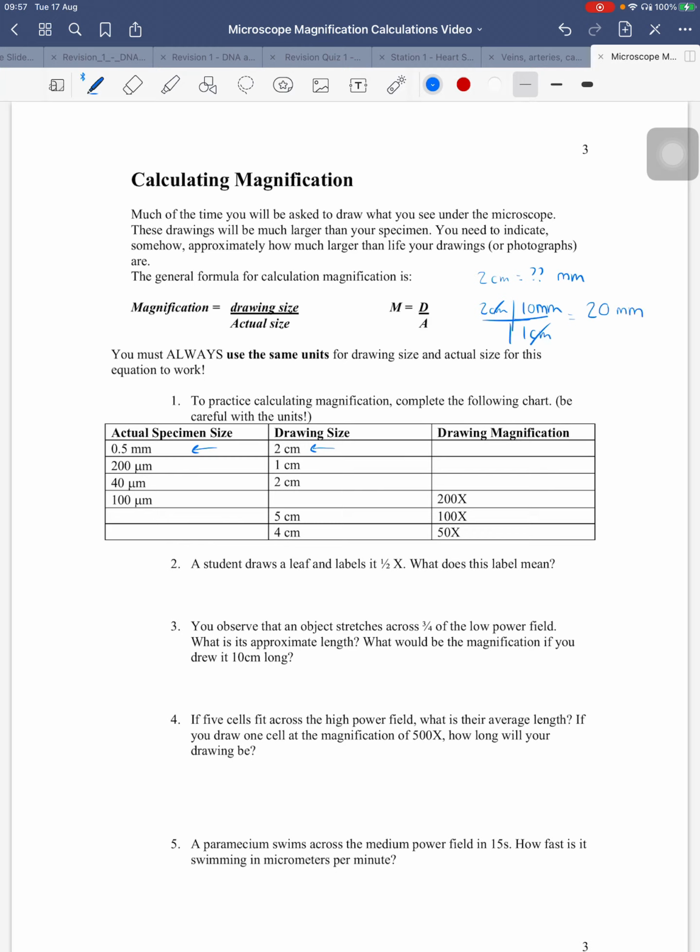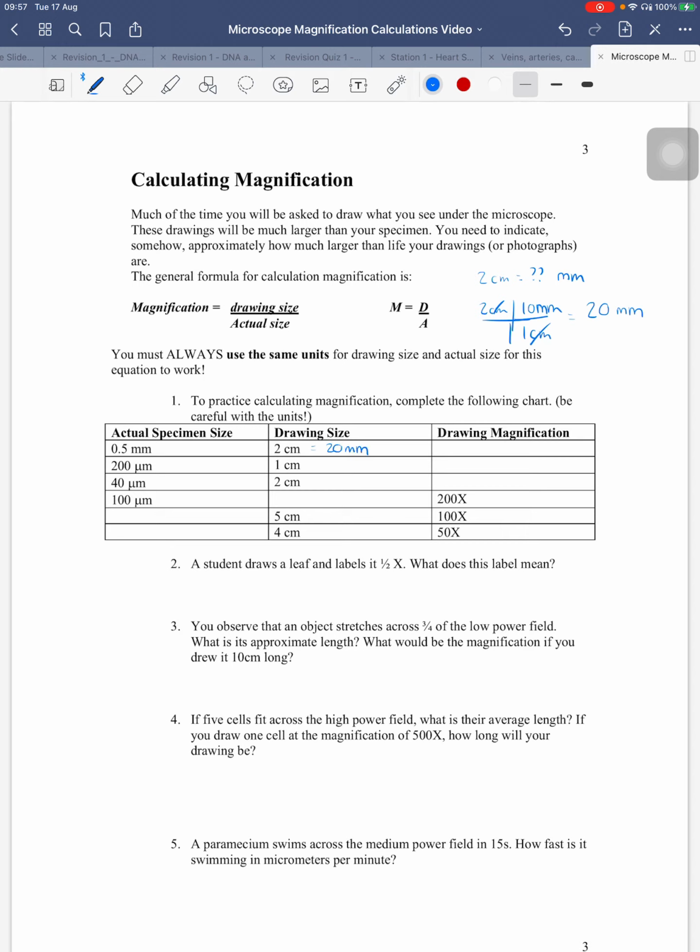So that's our drawing size. We know that this is equal to 20 millimeters.